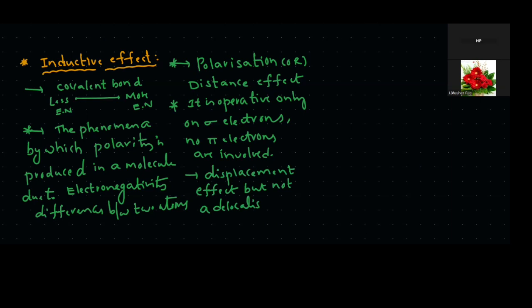These points are very, very important. Only sigma electrons are involved in this, and it is a displacement effect only, but not delocalization. So there is no conjugation possible in this inductive effect. That is the meaning.